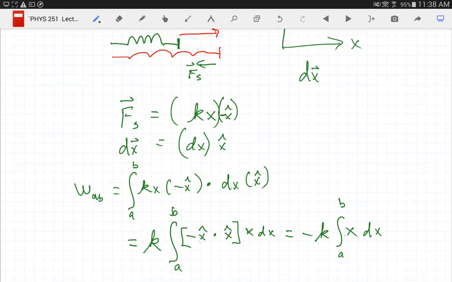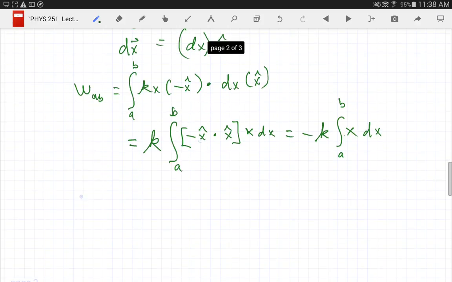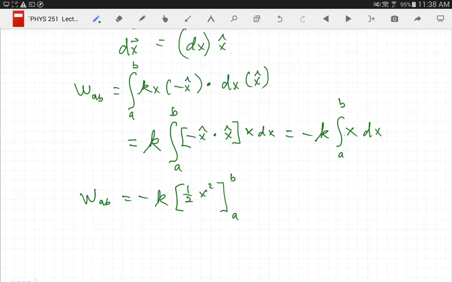And now we just have a simple integral. I believe everyone can do this integral here, so I'm not going to ask. I'm simply going to say, now, I just said A and B. A is the starting point, B is an ending point.